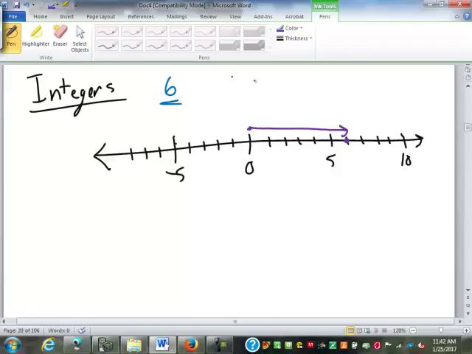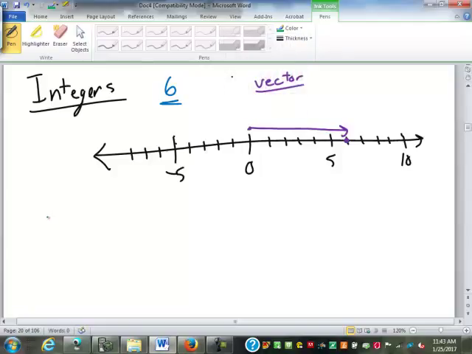And a vector is just a fancy word for an arrow that starts at 0 and goes to that number. A vector has magnitude and direction. It's positive because it starts at 0 and goes in the positive direction, and its magnitude is just its length. It's 6 units long. So that's a positive 6 is what that's represented.